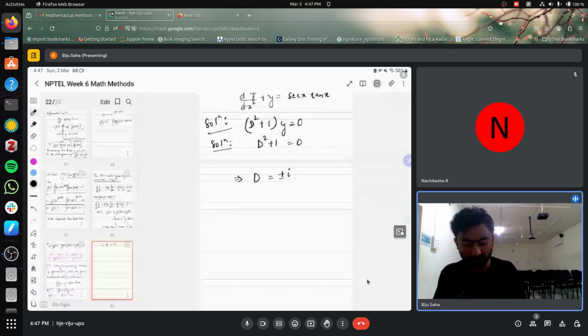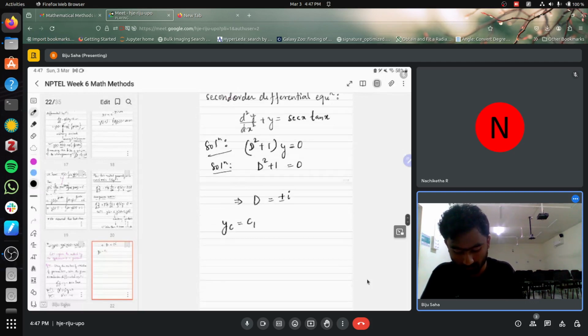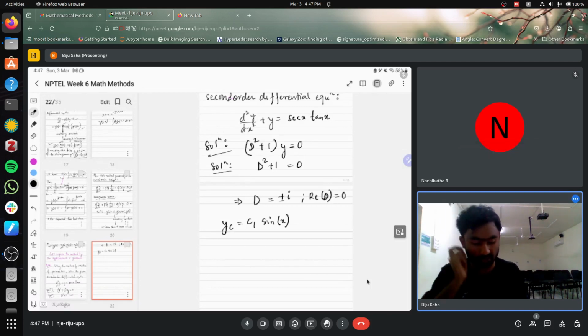So they are complex conjugate pairs. So the real part here is 0. So that is why there is no exponential remaining. So real part is 0. So only this sum of sine and cosine we have.